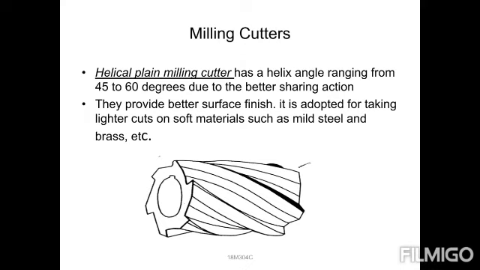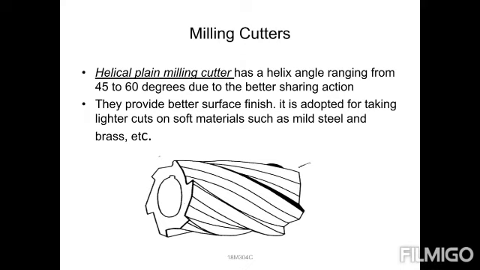What is the main purpose of this angle? For better shearing. So a heavy amount of cutting takes place and results in a fine surface finish, and we can get a very fine surface finish with the help of milling cutters.